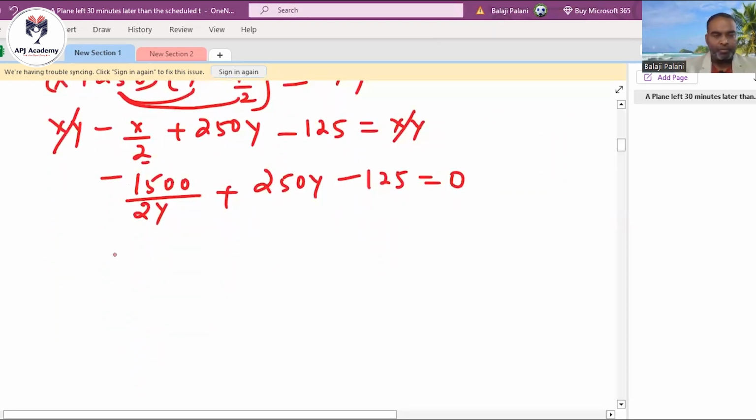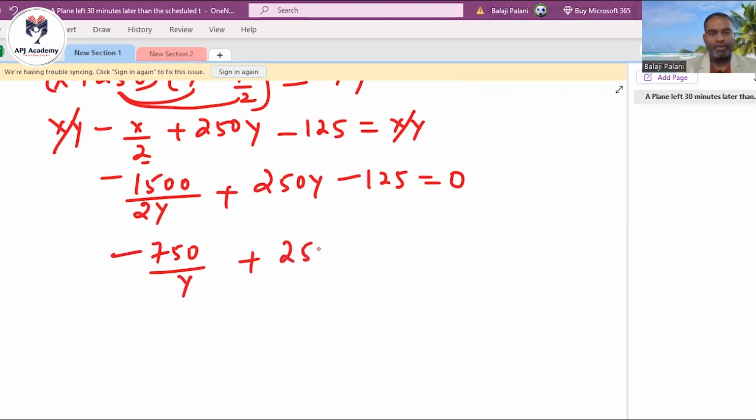All right, now simplify this. Minus 750 by y plus 250y minus 125 is 0, and still now உங்களுக்கு quadratic equation வரல.